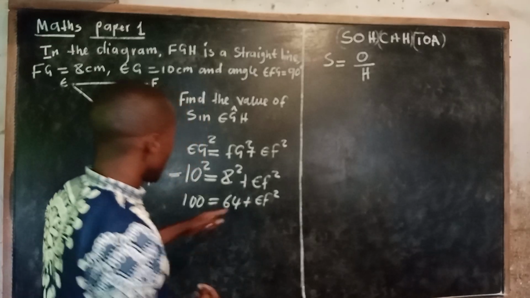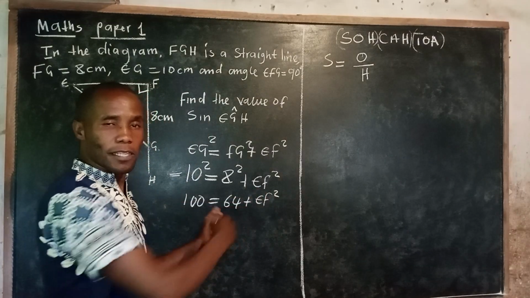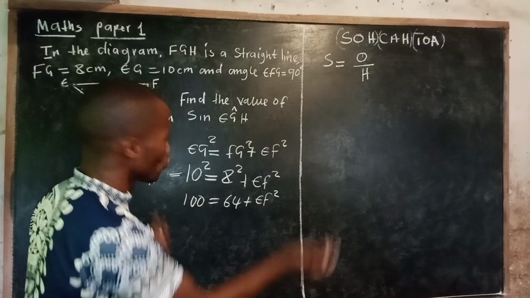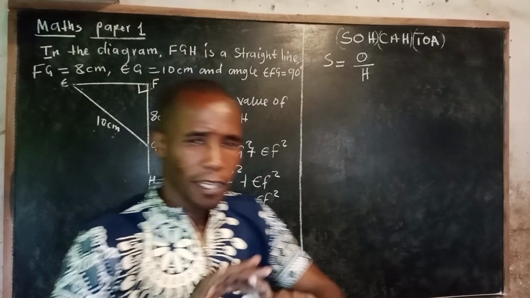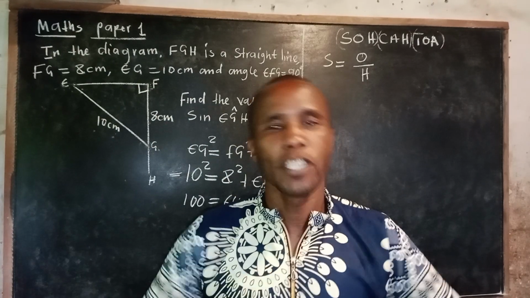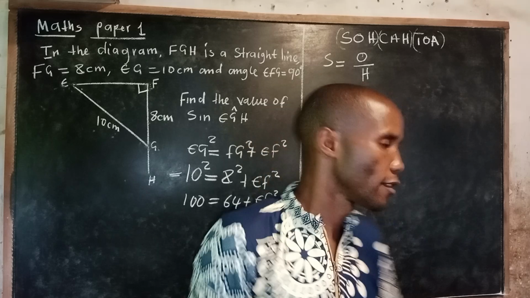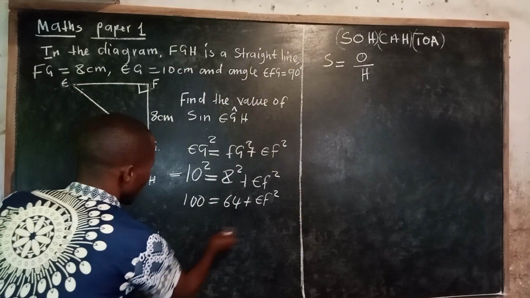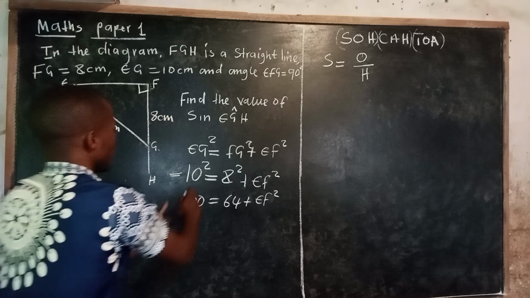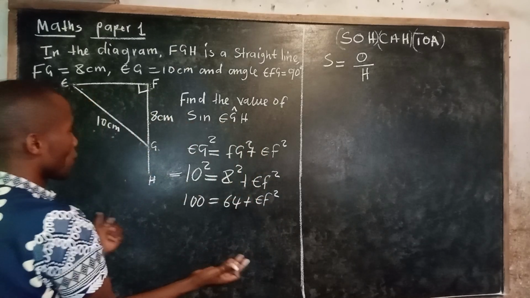Now since the variable is on the right hand side, we are going to swap. Let us just interchange them, and when interchanging, nothing changes in terms of signs. The signs will still remain the same, because you are just interchanging sides.